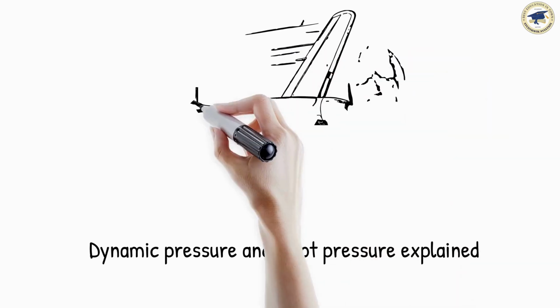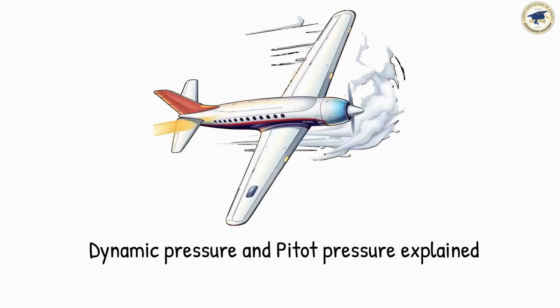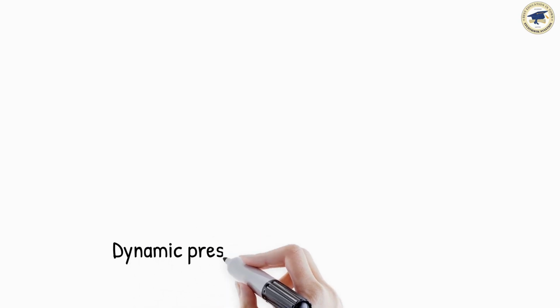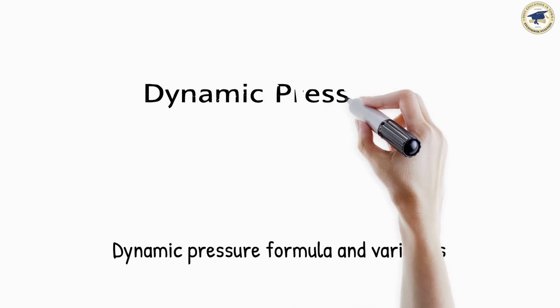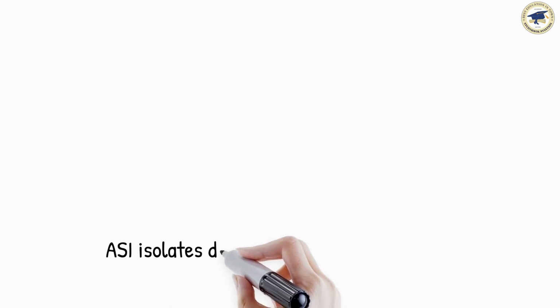So, the total pressure, pitot pressure, equals static pressure, S, plus dynamic pressure, Q. Mathematically, dynamic pressure, Q, equals half rho V squared, where half rho is air density and V is the true airspeed. If we can isolate the dynamic pressure from the total pitot pressure, we can use it to show airspeed.